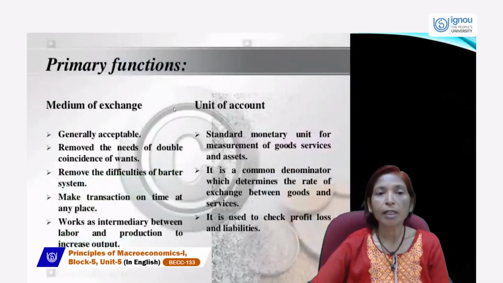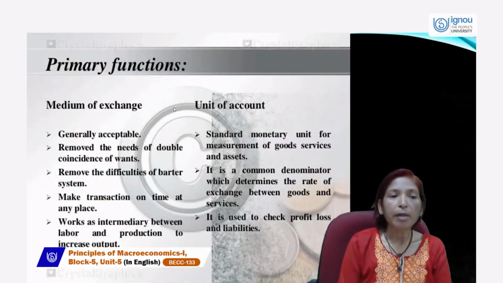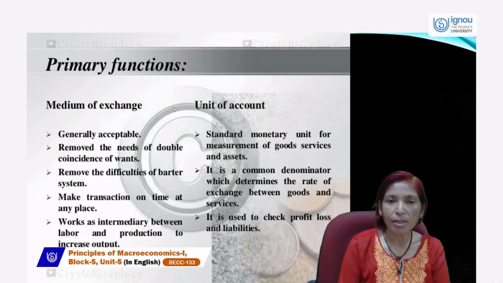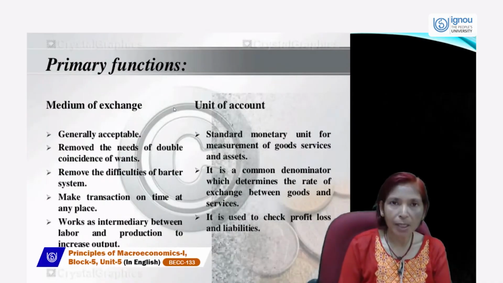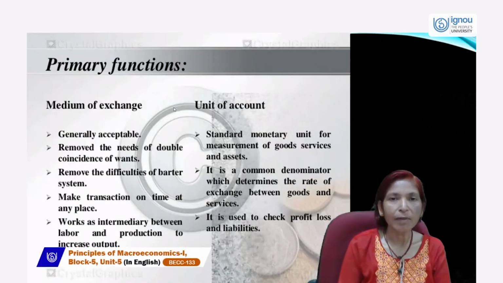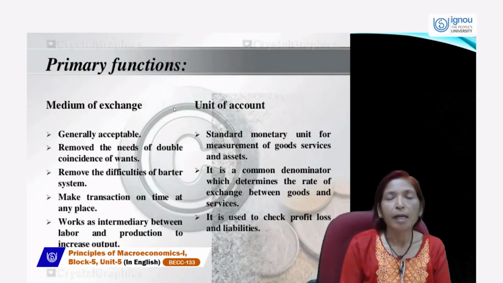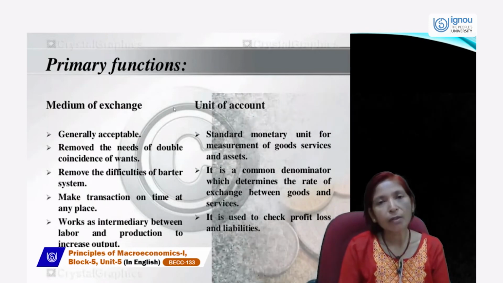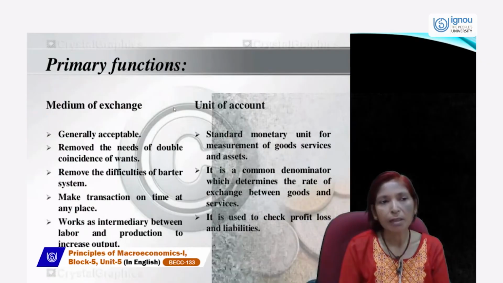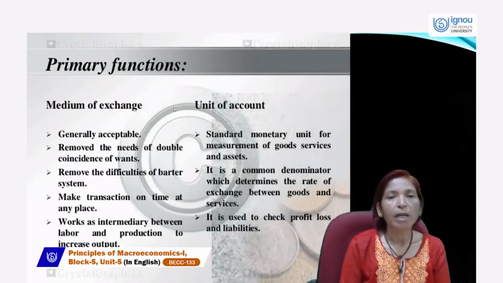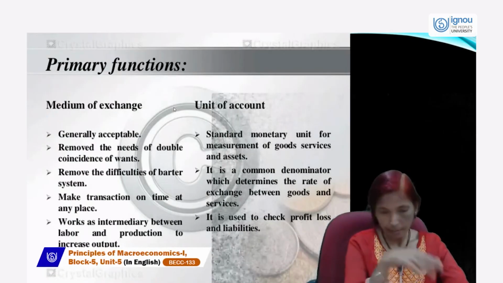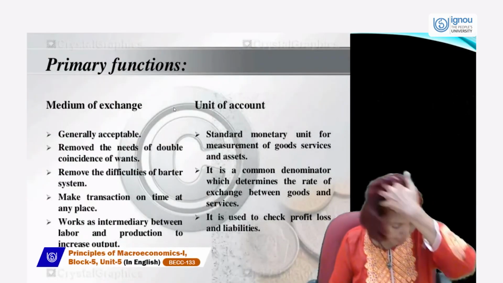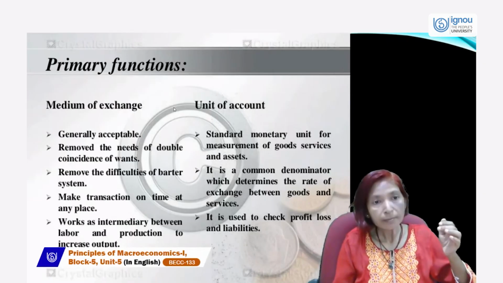And next is contingent functions. I will explain contingent functions after this. In primary function, you know that there are two main subparts: medium of exchange and unit of account. In a medium of exchange, money is generally acceptable by all.